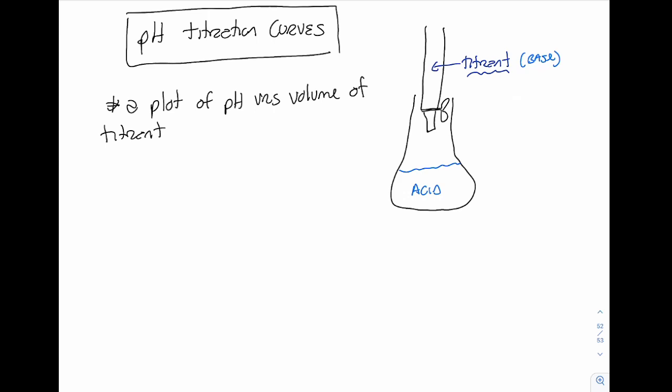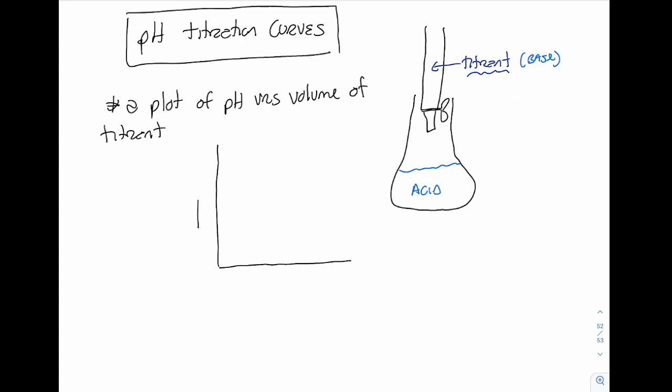In this case, the way I have it set up, we're measuring the pH of the solution in the flask. So we're actually going to start out acidic. And then as I add more and more of my titrant, more and more base, my solution is going to steadily become more basic, less acidic.